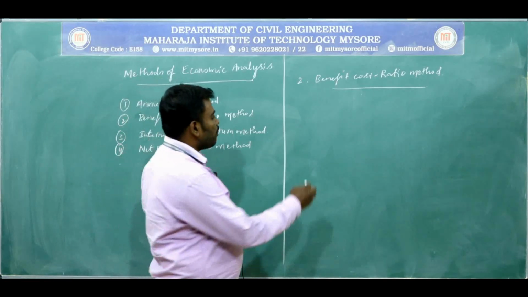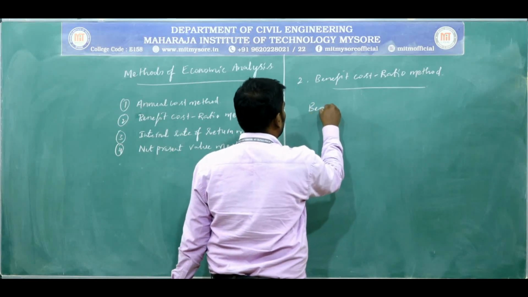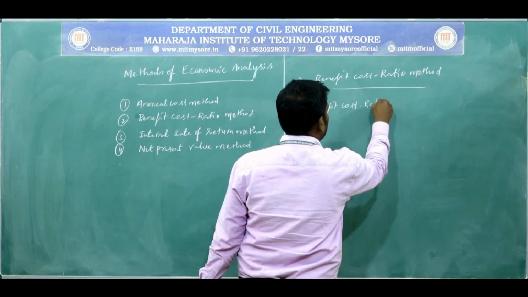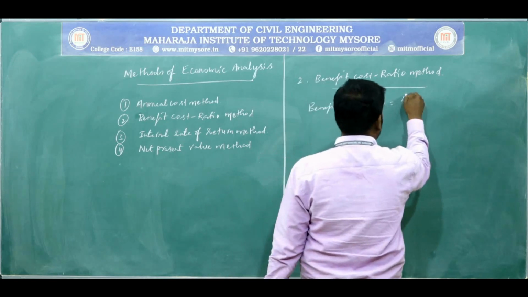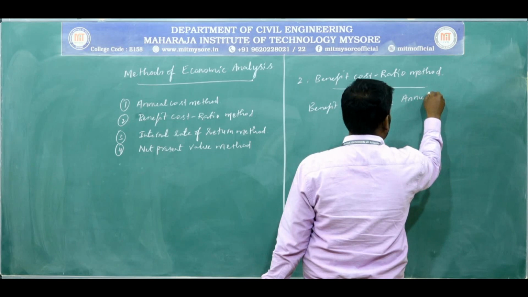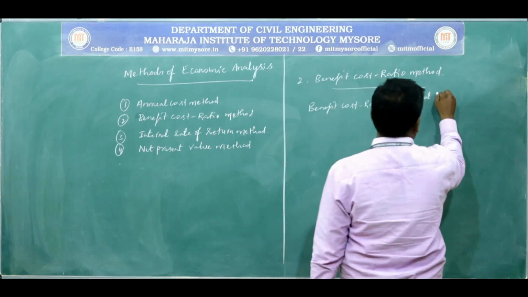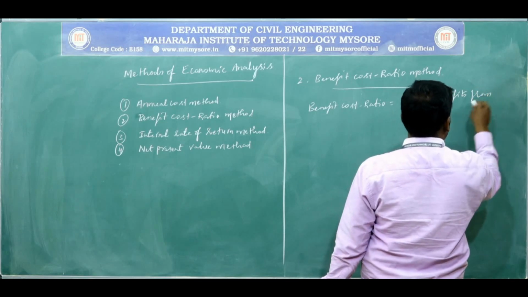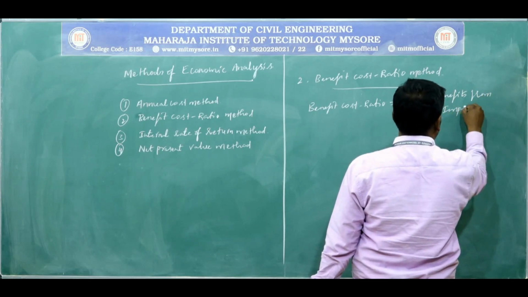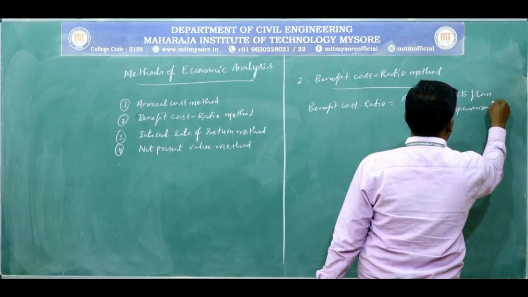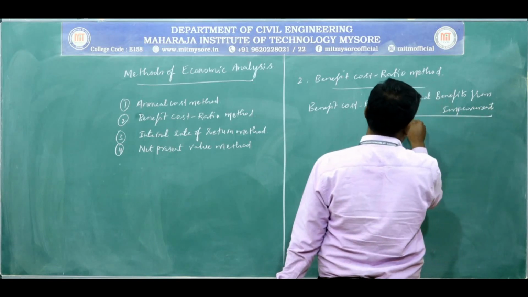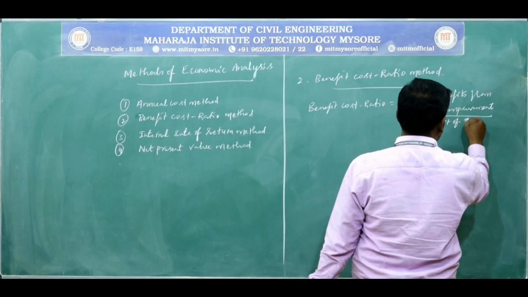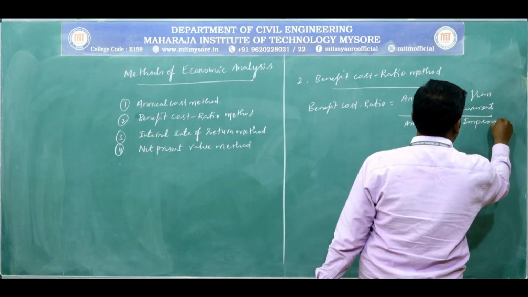Usually the benefit cost ratio is equal to annual benefits from improvement divided by annual cost of improvement.